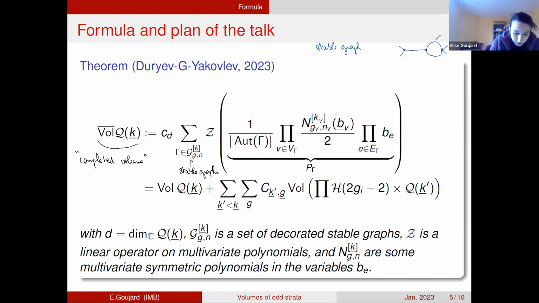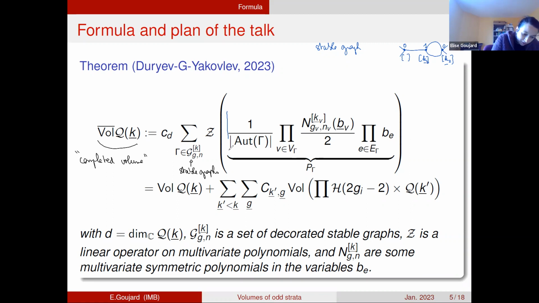The decoration is by some genus, and also by some vector k. For each vertex, you will have a set of integers k1, maybe k2, etc. So this is a stable graph. It's a decorated graph. I will say more about that in a minute.